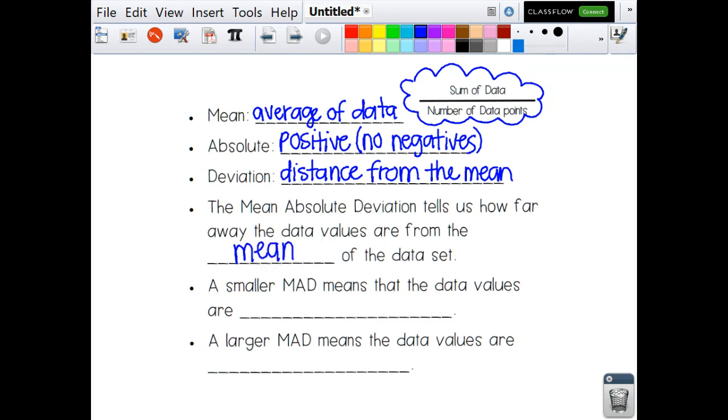So a smaller MAD means that the data values are closer together. And a bigger or larger MAD means that the data values are farther apart.